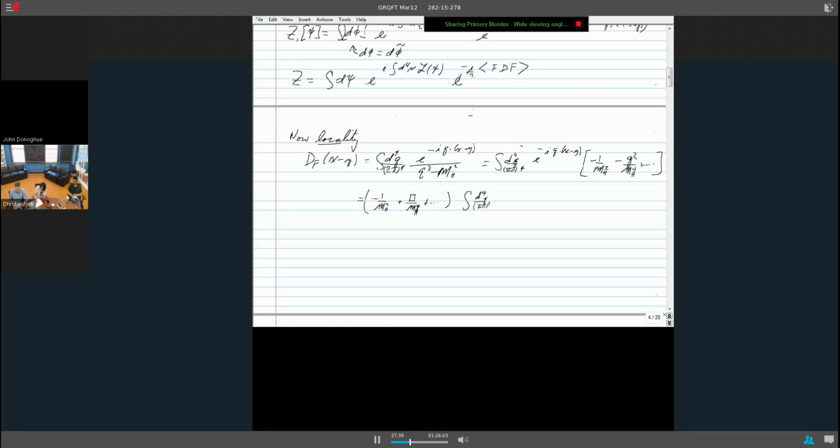Which I can then pull outside the integral. So it's minus 1 over m heavy squared plus box over m heavy to the fourth plus dot, dot, dot, acting on the d4q over 2 pi to the fourth, e to the minus I q dot x minus y.